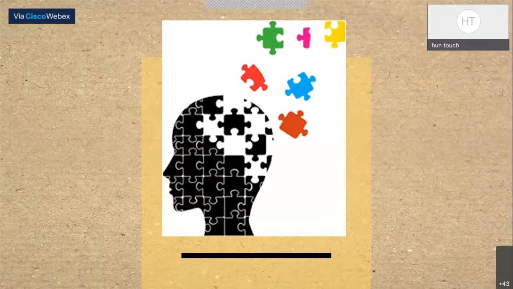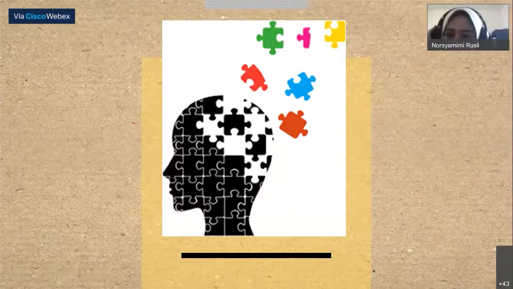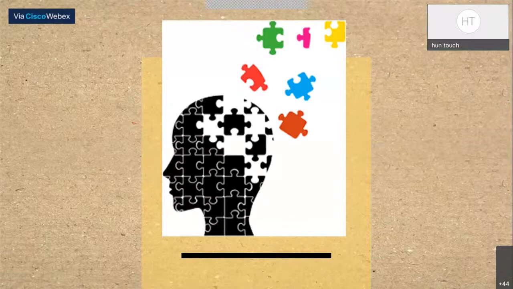Sorry, someone interrupted. Are you hearing me? Yes, I can hear you. All right. So visual perception helps our children enhance their skill in writing and in reading.